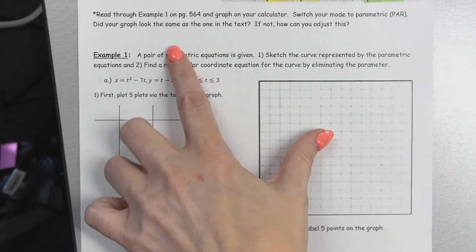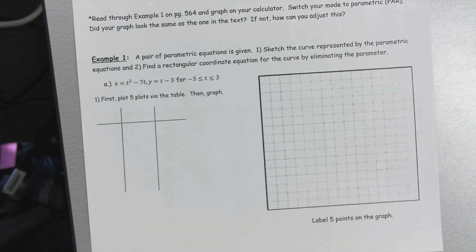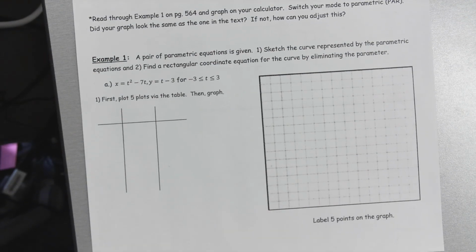Okay, so you should have something here that says no because you have to adjust the t values. Okay, so you have to adjust the value of t.